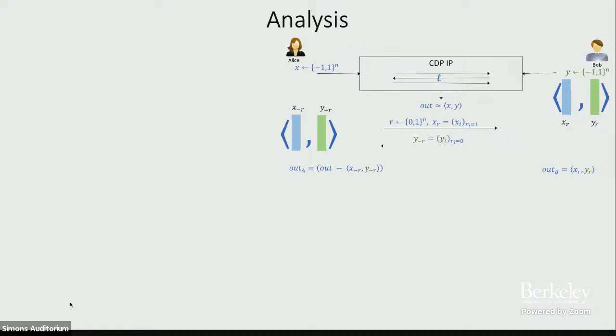More generally, the distance between the output of Alice and the output of Bob is exactly the noise of the protocol. So if the inner product protocol is accurate, then the outputs of Alice and Bob are close to each other.